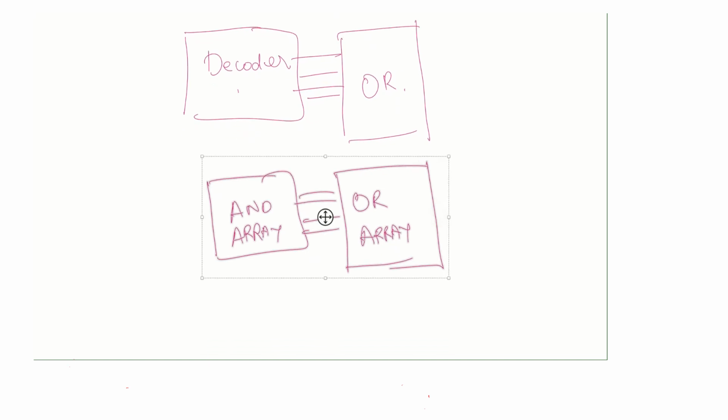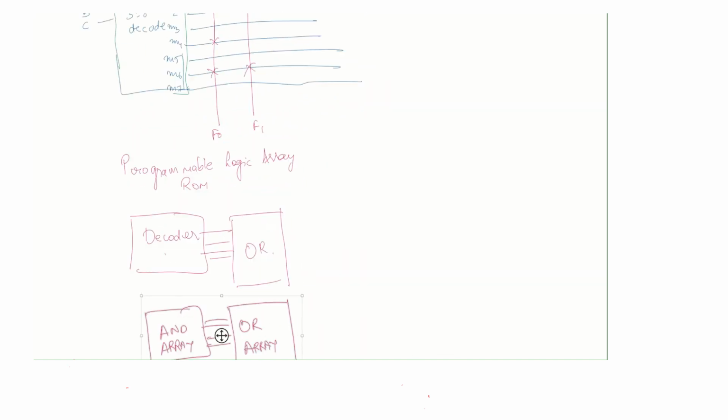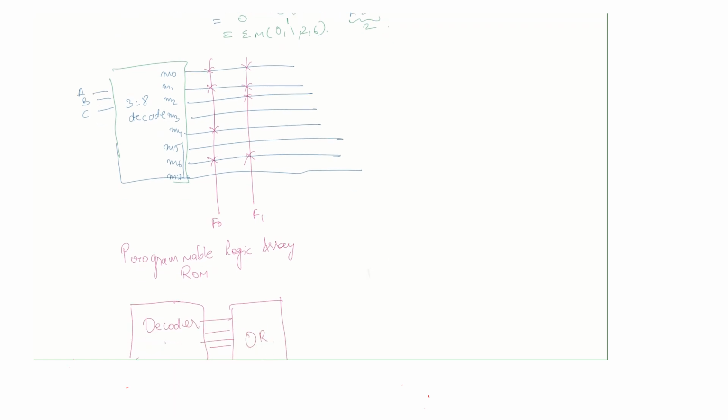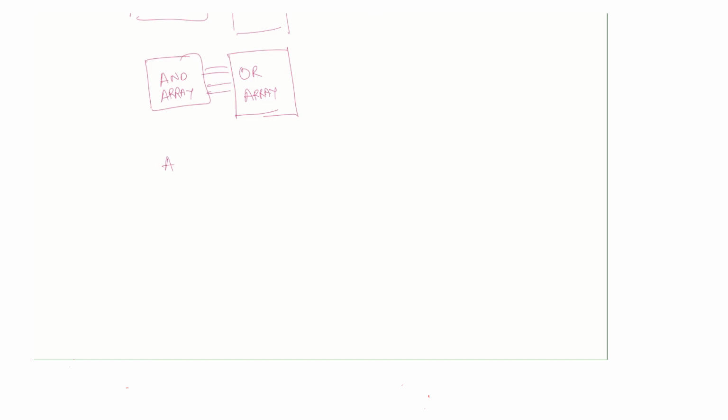And so let's see how I represent the same F0 and F1 using an AND array. So we'll use A, B, C and their complements A bar, B bar, C bar.